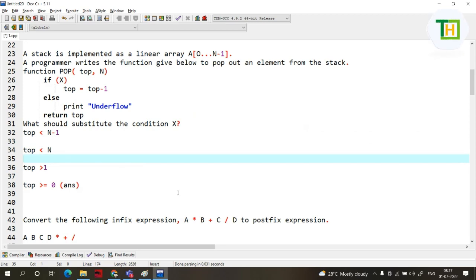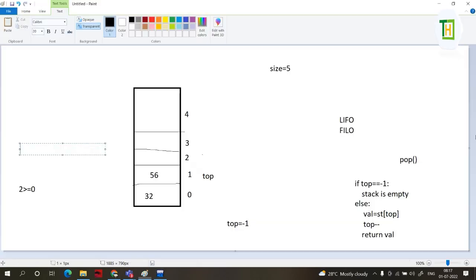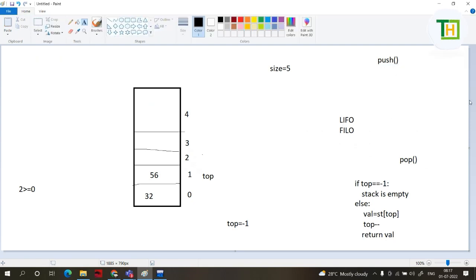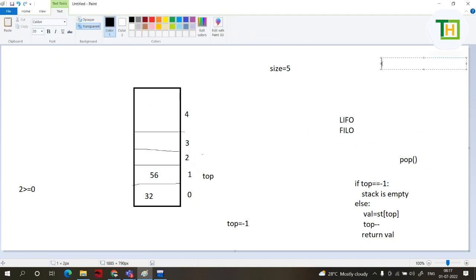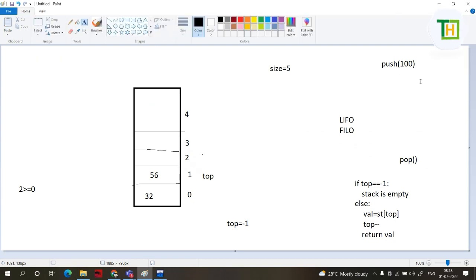And one more thing I have to explain here. What about push? If the function is pop, we are working on that. If it is push, for example, I'm going to push 100 here. That means I'm going to insert 100 in the stack.